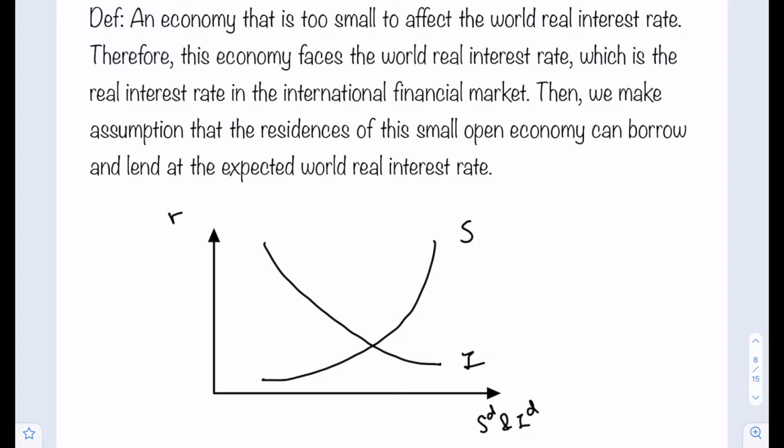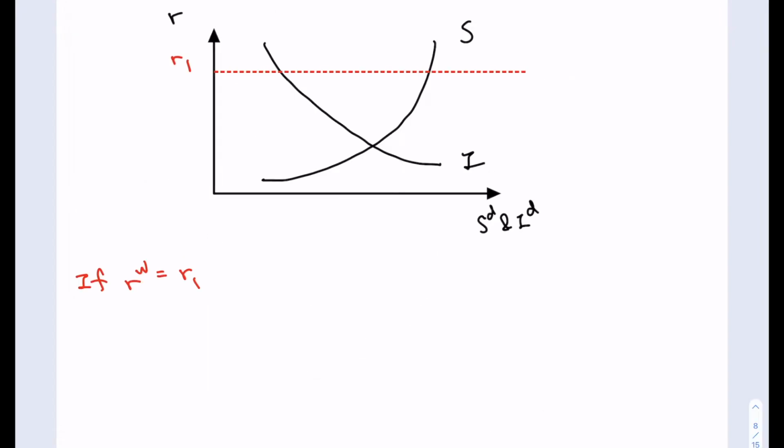So for a small open economy, given an interest rate, let's assume it is given an interest rate like the R1 here. This implies that the economy is facing a real world interest rate equal to R1.